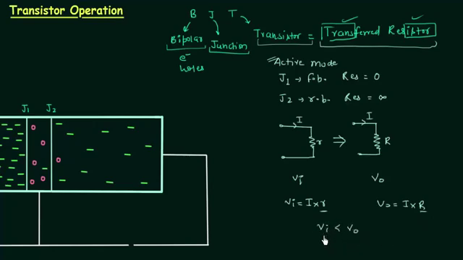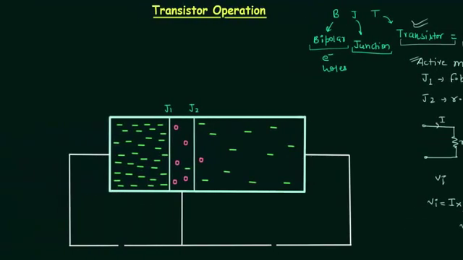So we had a weak signal at the input, but we have an amplified signal at the output. So there is amplification by using the three-terminal device. All these things will be clear when I explain the working of the NPN transistor in active mode.